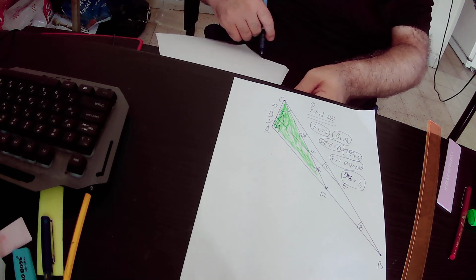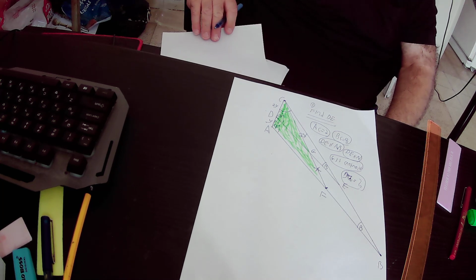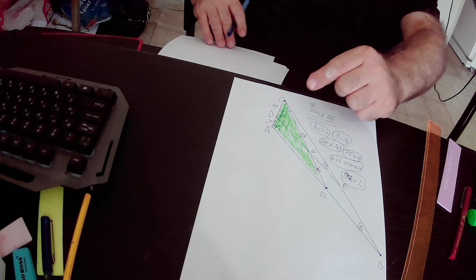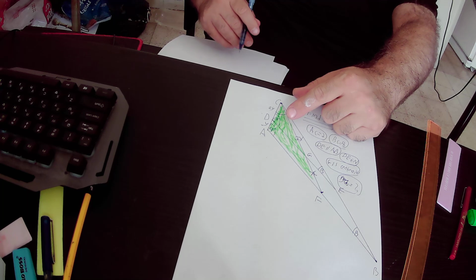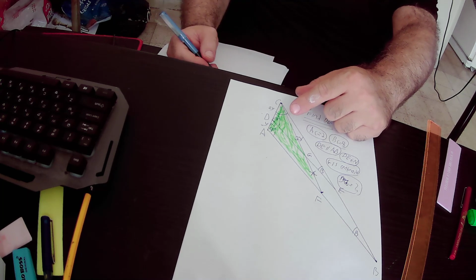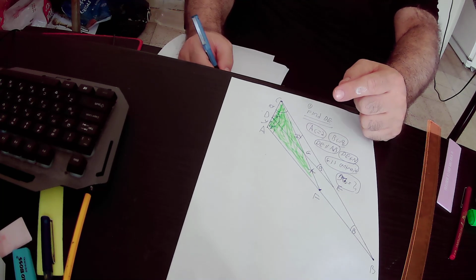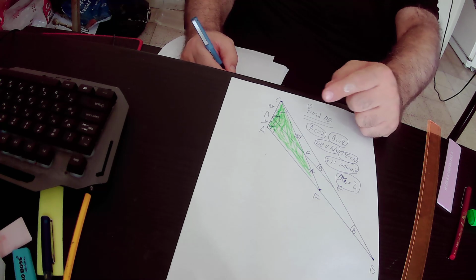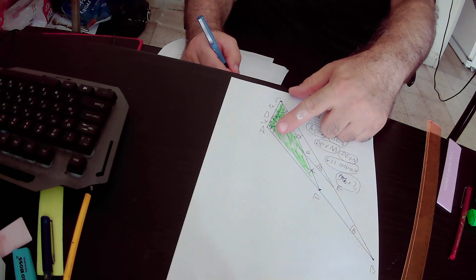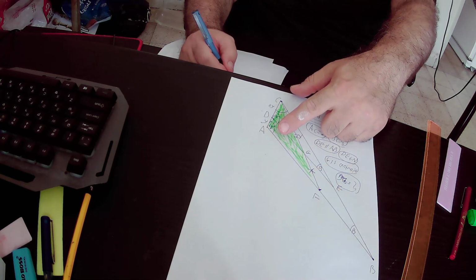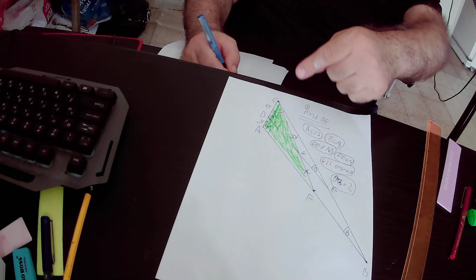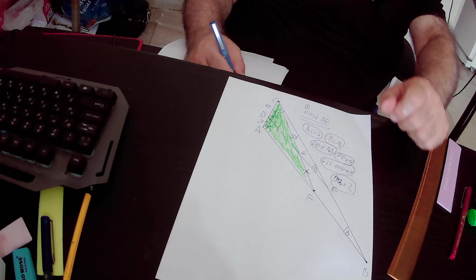But what is the value of CD? The value of CD is actually 2y, and what is the value of CA? The value of CA is CD plus DA, which is 2y plus y.